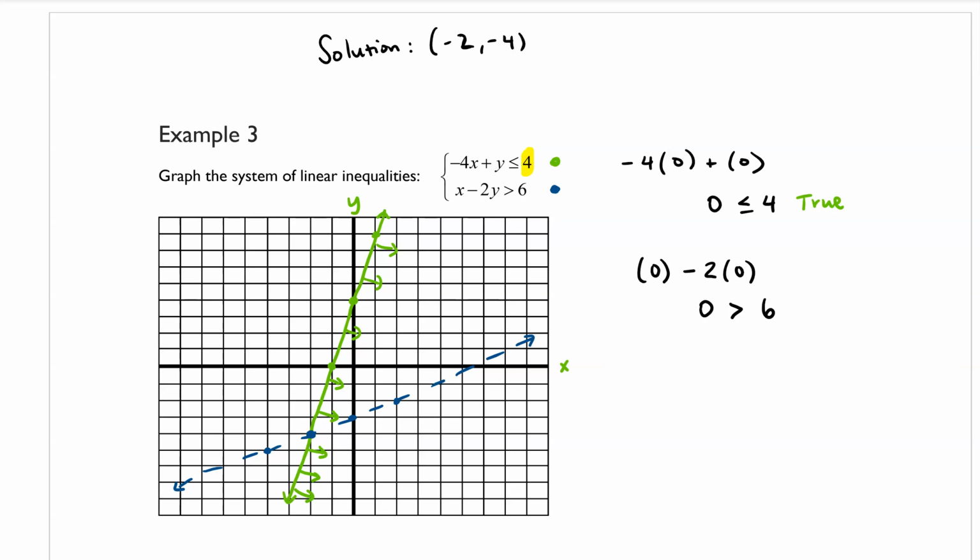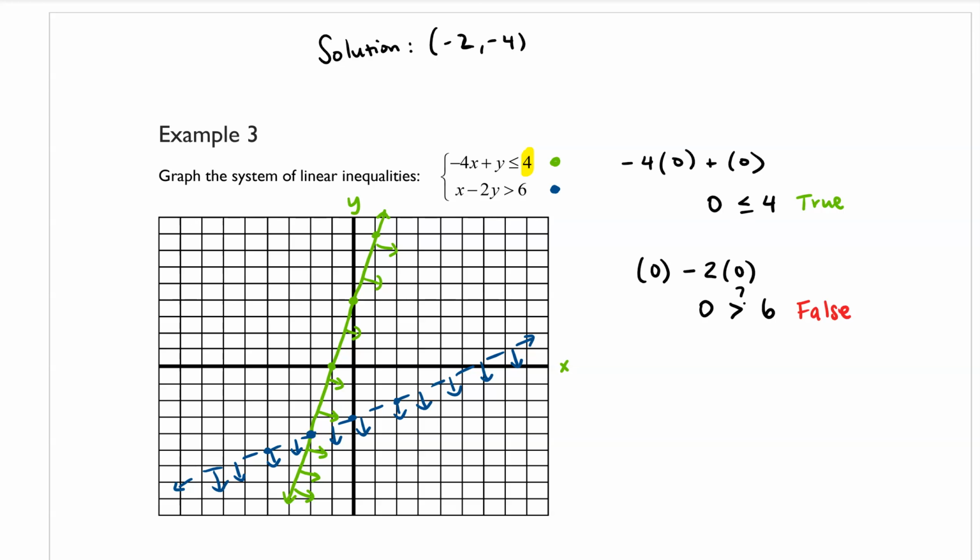Is that greater than 6? No, 0 is not greater than 6. That is false. So that means that we would not shade above the blue line because that's where the origin lies. So we're going to shade in the opposite direction, since there are only 2 places we can shade: above the blue line and below the blue line.